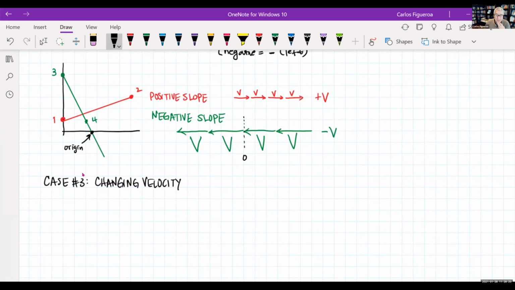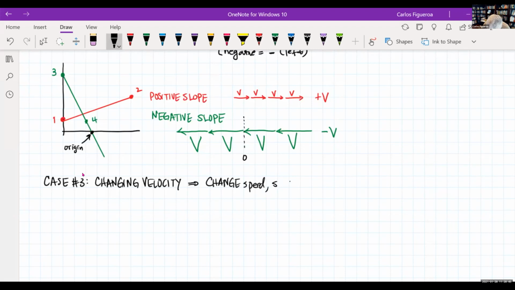When we're talking about changing velocity, the only kind of change in velocity that we've talked about up to this point is speeding up or slowing down. So in this case, we're talking about changing speed. We change speed, but we have constant direction.